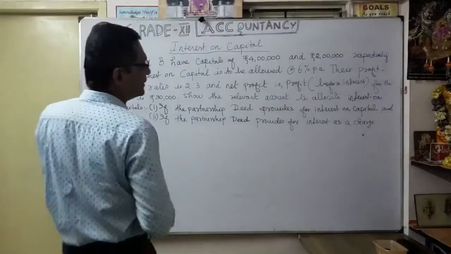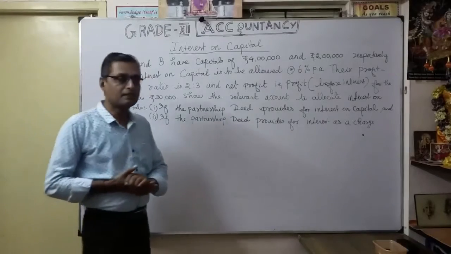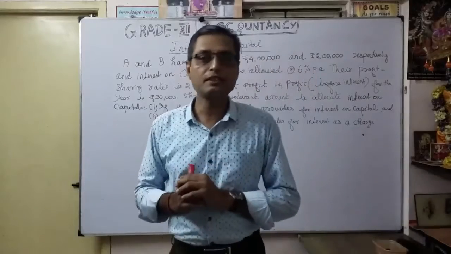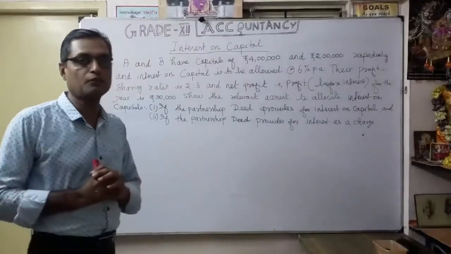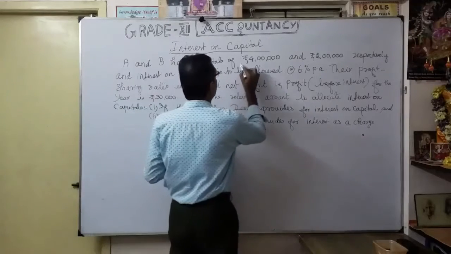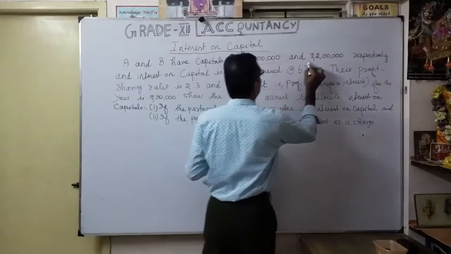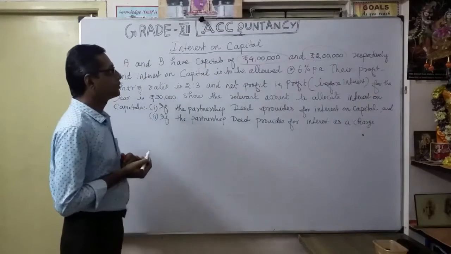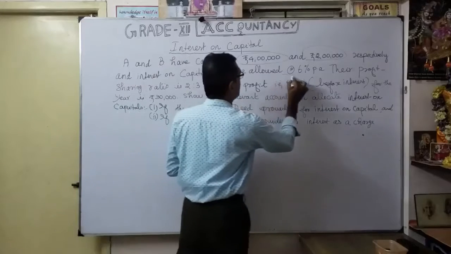So now let's see interest on capital when profit is available but appropriation is inadequate. What situation do we face and how are we going to calculate? A and B have capitals of 4 lakhs and 2 lakhs respectively. Interest on capital is to be allowed at 6% per annum.